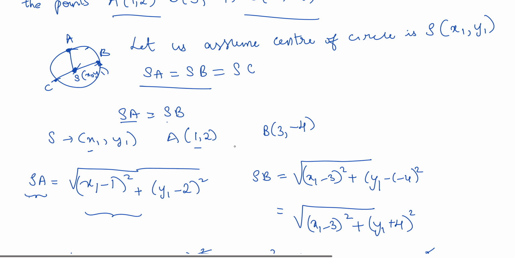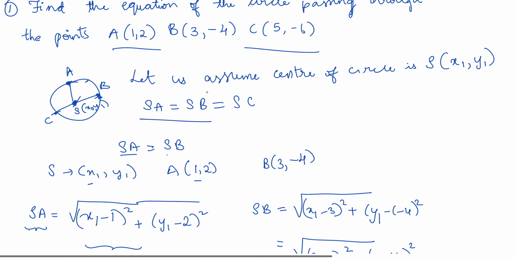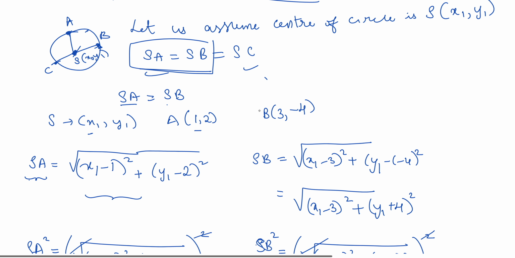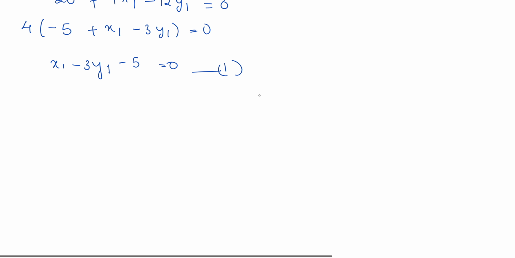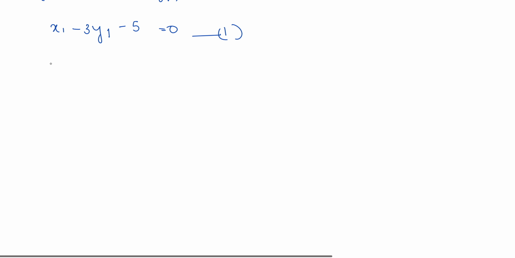Now we have considered SA is equal to SB and we got one equation. Now let's consider SA is equal to SC. We can also consider SB is equal to SC, anything is fine. Now SA is equal to SC, so SA square will be equal to SC square.